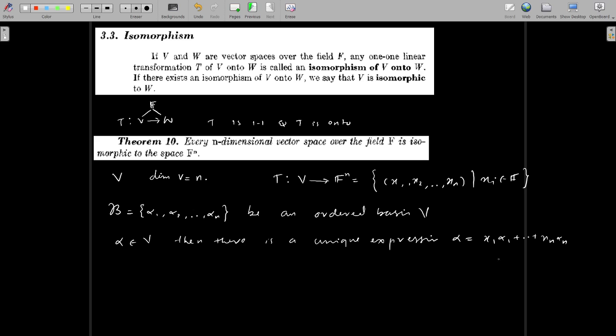So this alpha can be written as a linear combination of alpha 1, alpha 2, up to alpha n uniquely. Okay. Now you define a map for linear.